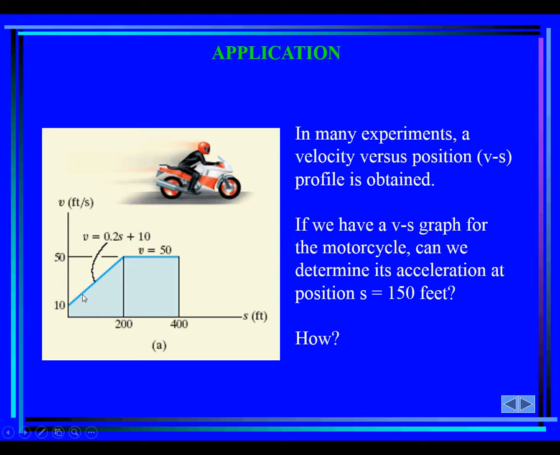So you have a velocity change like this, and then from 200 to 400 feet, the velocity is constant. So you have a variation of the velocity versus the position on the first 200 feet. And then the question is, can we determine the acceleration at the position of 150 feet? So this would be in this location. So how should we do this?